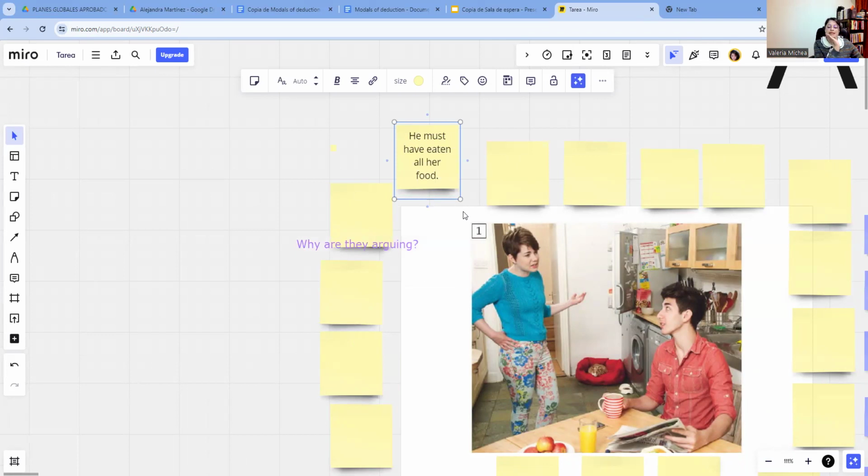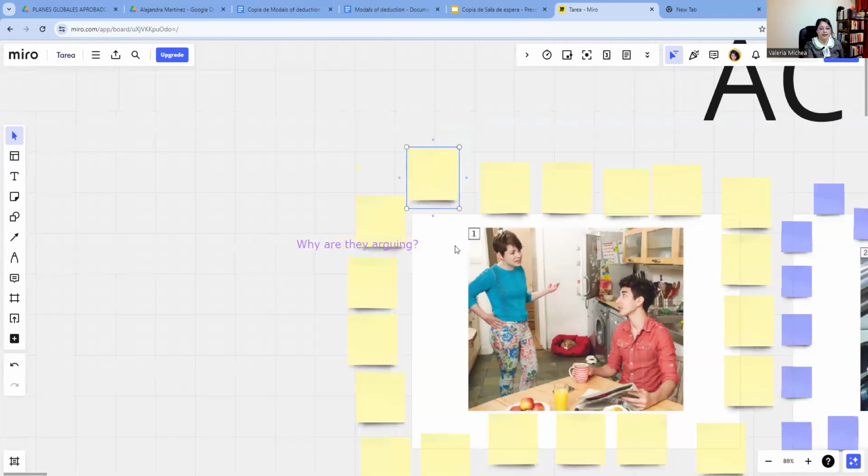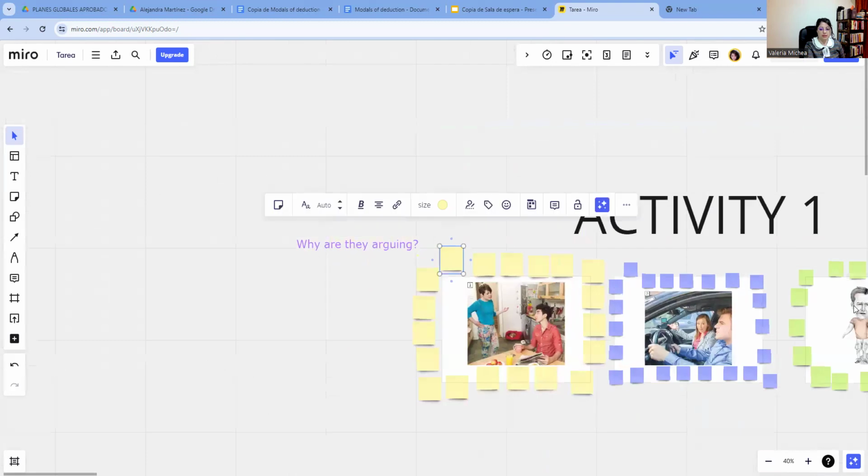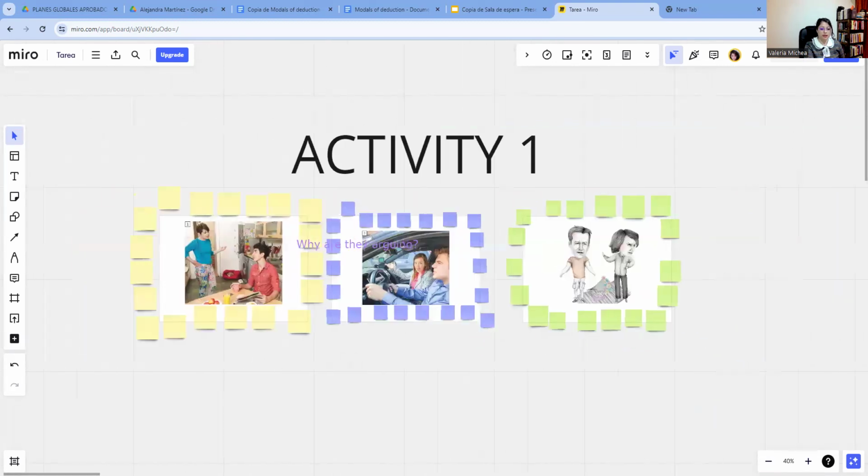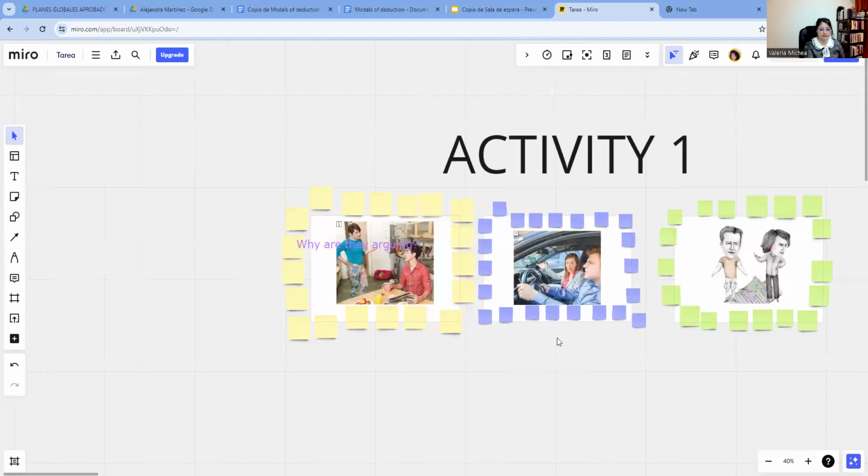So that's my idea. What I want you to do is to write your theory there using modals of deduction. This is my guess, but you have to write your own guess. Then we are going to complete another activity, but first of all, I want you to go and complete this one, please.